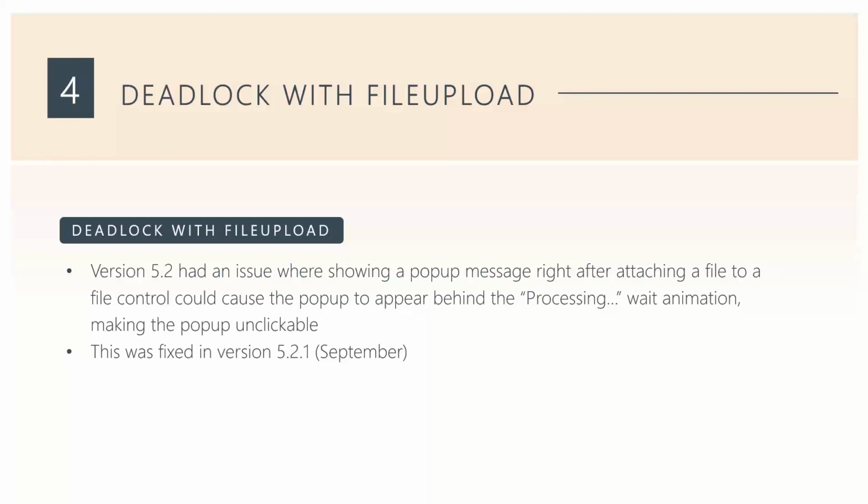Some of you may have run into this relatively rare issue where if you had a file attachment which used the QRules prompt command to communicate anything to the user, like you've attached a duplicate file or something like that, we had a situation where the pop-up could show up behind the processing animation that comes up when the file is attached, and users would be unable to click it. So let me just show you all what I'm talking about.